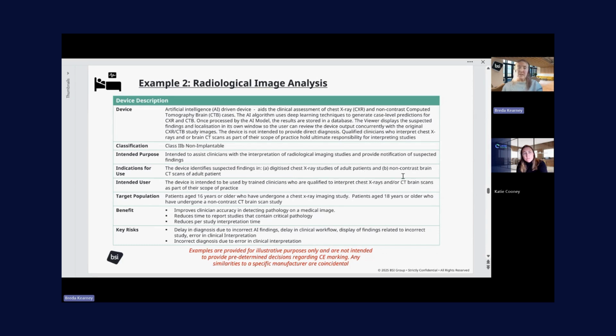And also in non-contrast brain CT scans, I think there is 50 something diseases that it would pick up.